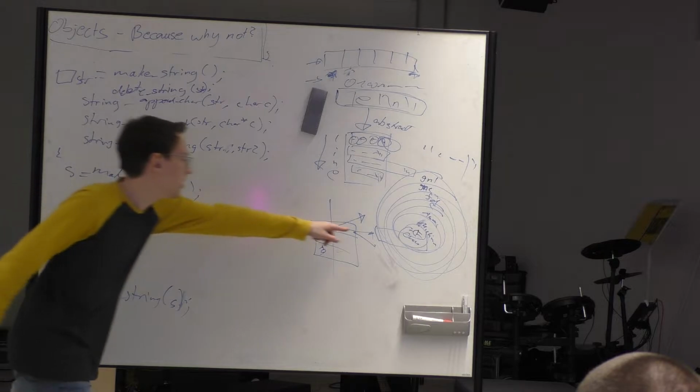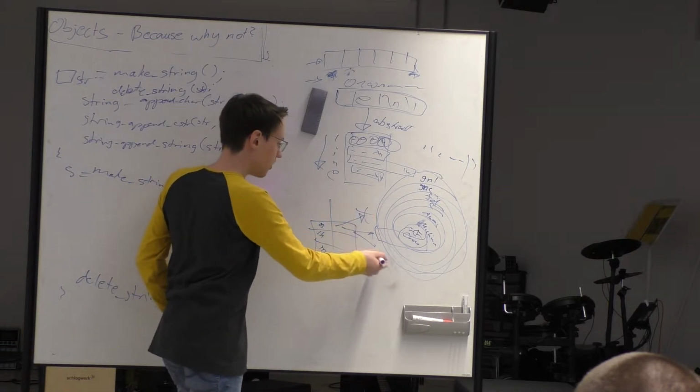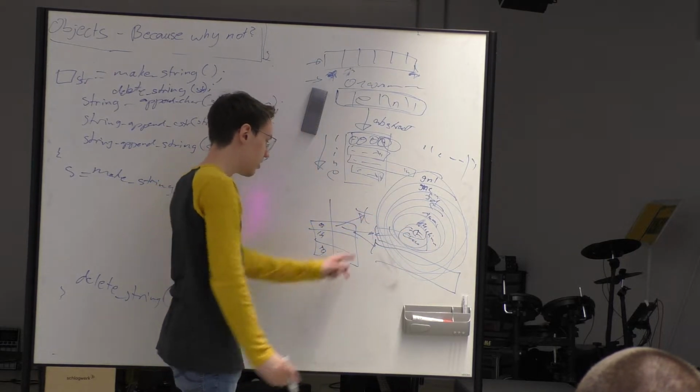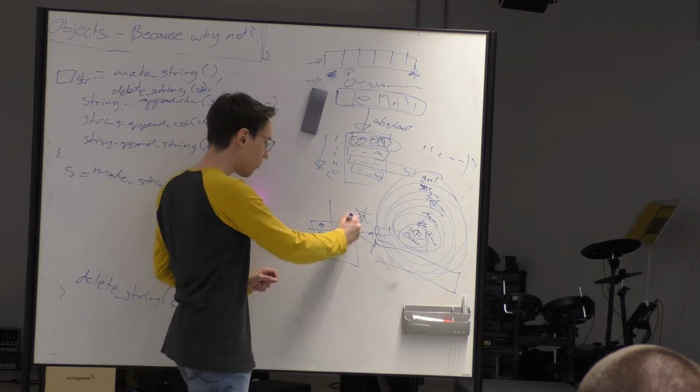Well, it does, but it takes care of deleting that one if it creates another one. If it creates yet another longer one, it also deletes that, because it has power over where this pointer points.